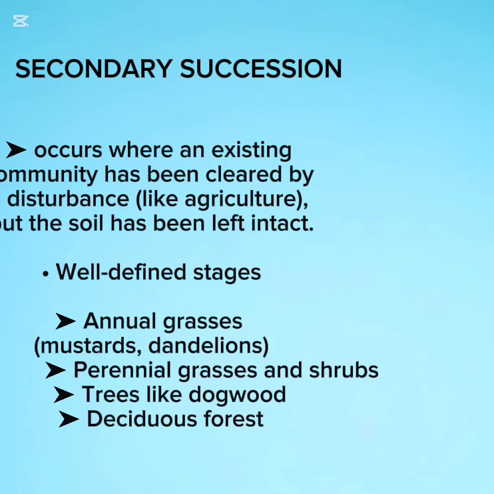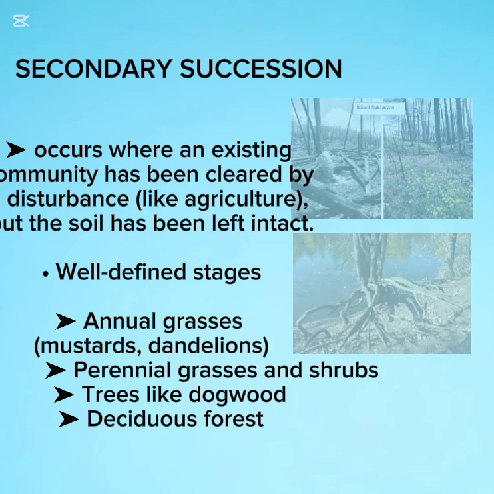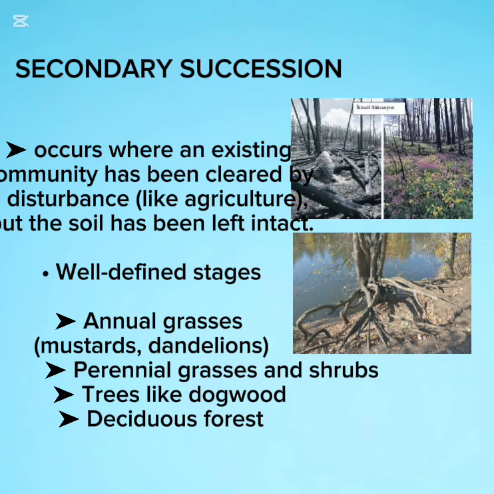Secondary succession occurs when an existing community has been cleared by a disturbance like agriculture, but the soil has been left intact. It has well-defined stages like annual grasses or mustard and dandelions, perennial grasses or shrubs, trees like dogwood, and deciduous forest.